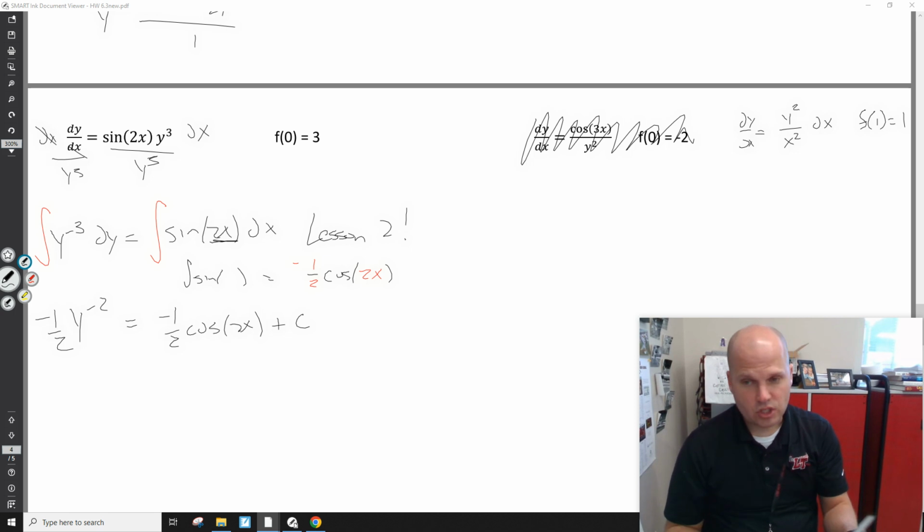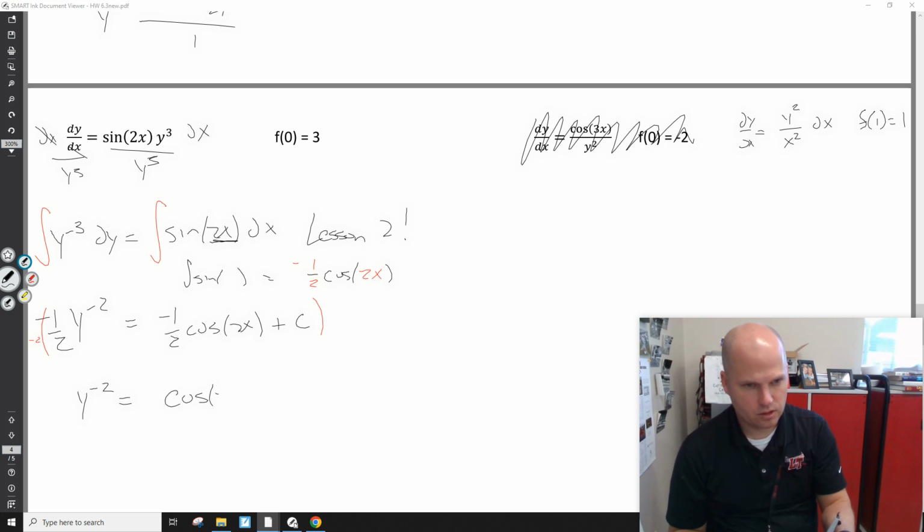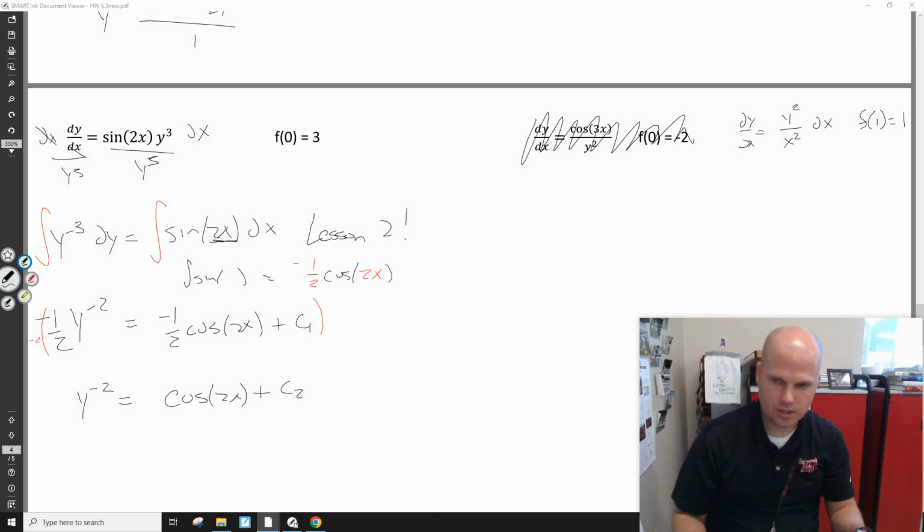Another situation where I'm going to probably get rid of this fraction. I'm going to multiply everything by negative 2. I get y to the negative second, which is 1 over y squared, equals positive cosine 2x plus c1 times 2 is a new c, c2.